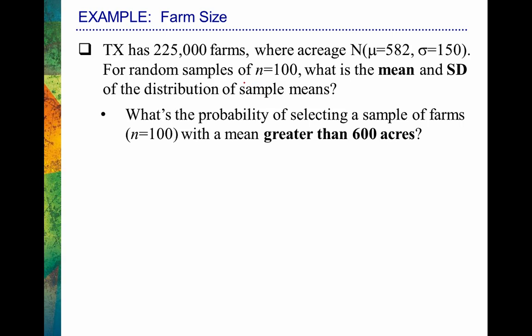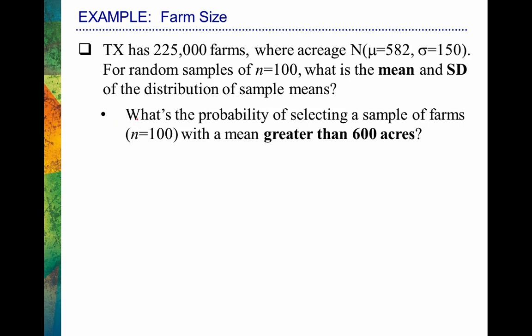All right, we can compute that pretty easily, just based on information from the parent population. So if we're going to take random samples of 100 farms, all combinations, what's going to be the mean and the standard deviation of that resulting distribution of sample means? Well, according to central limit theorem, we can create that distribution.